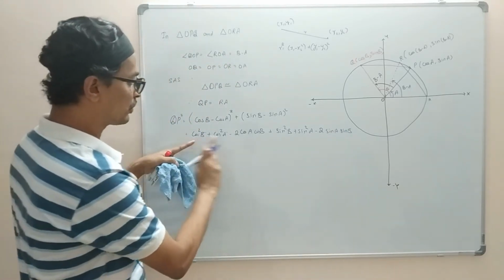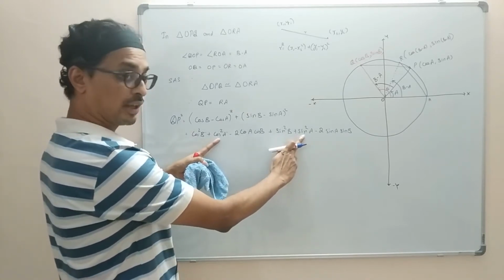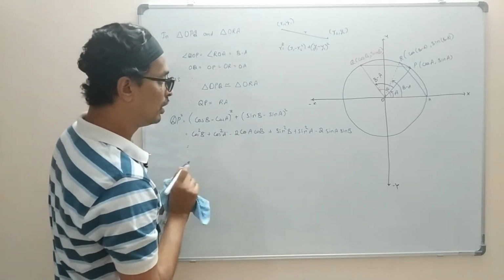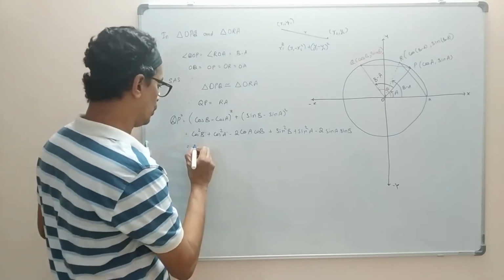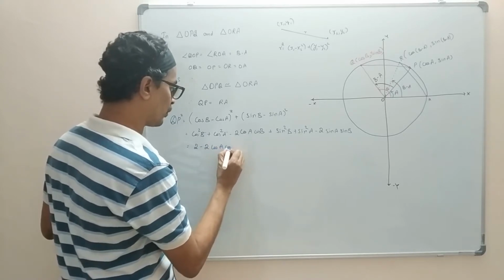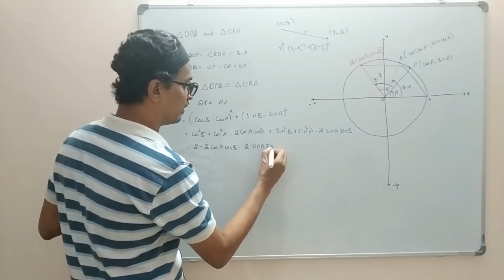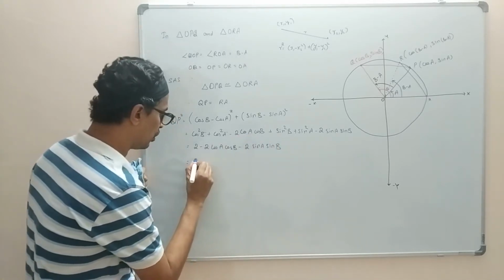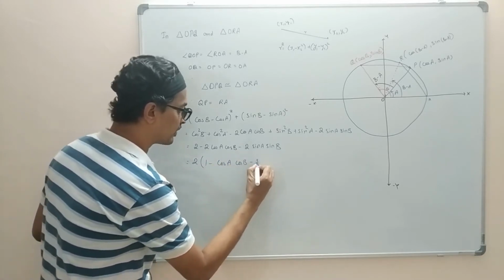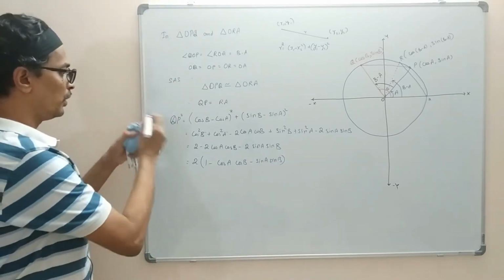Now sin square B plus cos square B is 1, sin square A plus cos square A is 1, so 1 plus 1 makes it 2. So this is going to be 2 minus 2 cos A cos B minus 2 sin A sin B. Or if you take 2 commonly outside, it's 2 times 1 minus cos A cos B minus sin A sin B. So this is your QP square, correct?